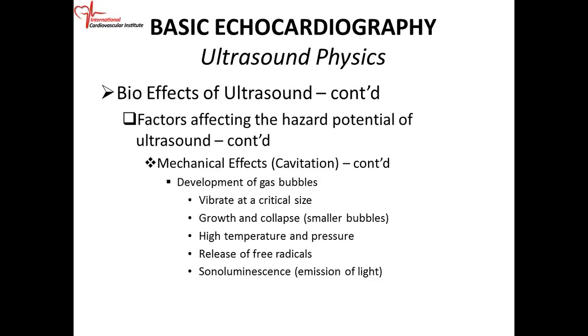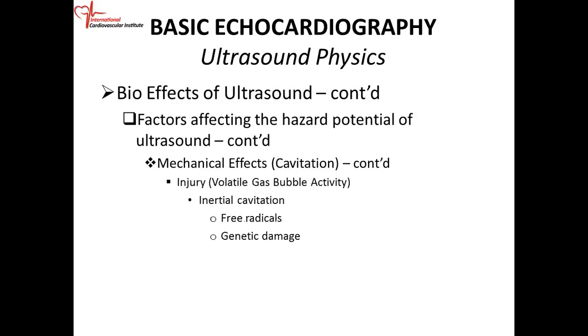When these bubbles grow and collapse and increase the temperature, they can release free radicals. That's one of the hypotheses, and it can cause tissue damage, as I said again, in the fetus, not in the adult population. So the injury, we talk about inertial cavitation with the free radicals that are produced, and you can have injury.